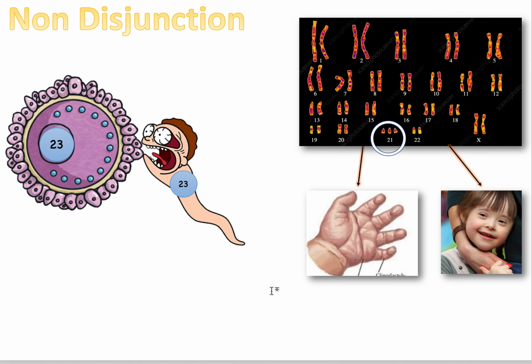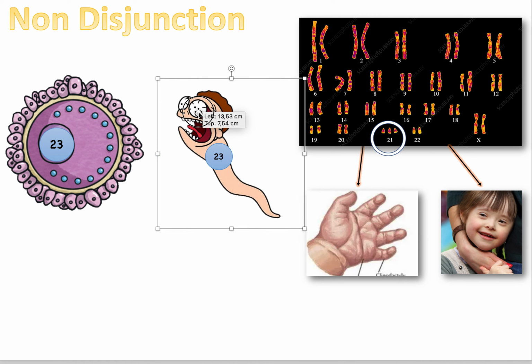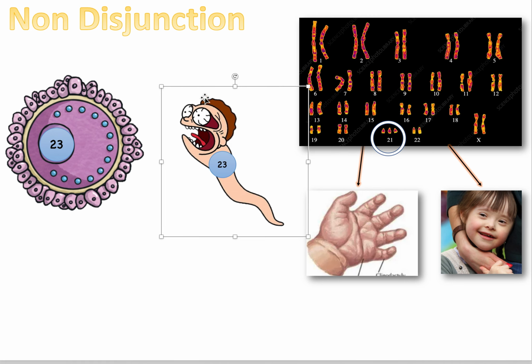Okay, so let's see how this happens. We know meiosis consists of two phases, meiosis 1 and meiosis 2. So you can fail and make a sperm or an egg cell with 24 chromosomes if something goes wrong in either meiosis 1 or meiosis 2. So for example, in one scenario, meiosis 1 will be normal and meiosis 2 will be abnormal, and this will produce a sperm cell with 24 chromosomes.